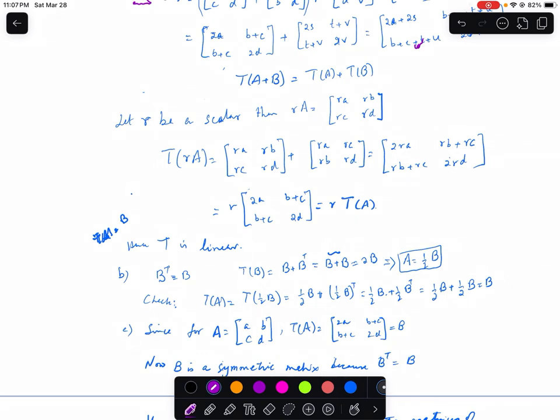So it means our A should be 1/2 B. So if I do the T of 1/2 B, then that should give me the result that we want. Next, we have to check that if B is not symmetric, then this will not happen.